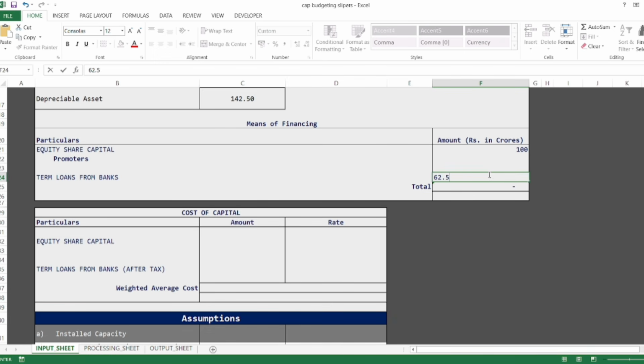And after that, for the total, we'll use the sum function: equals sum, bracket open, and we'll select the cells equity share capital plus debt. We'll close the bracket and then enter.